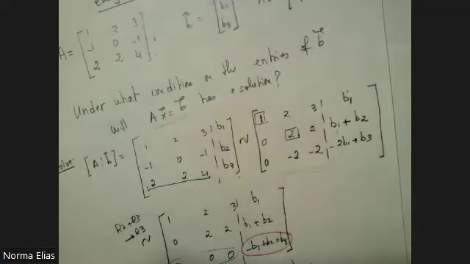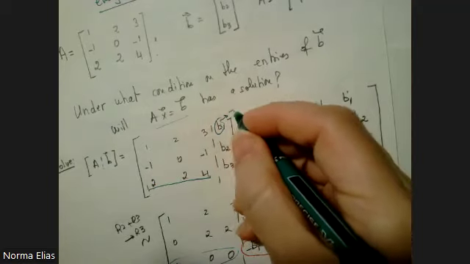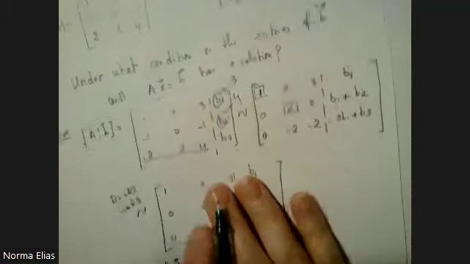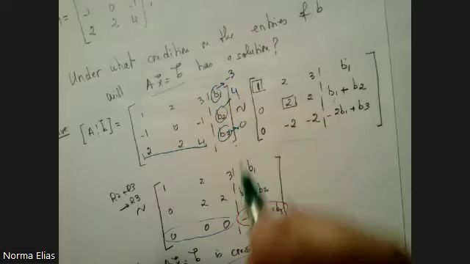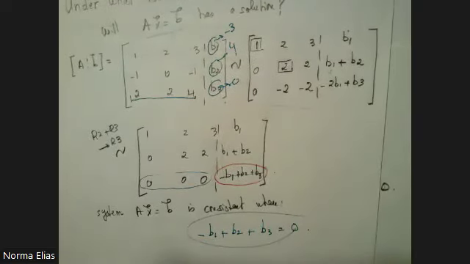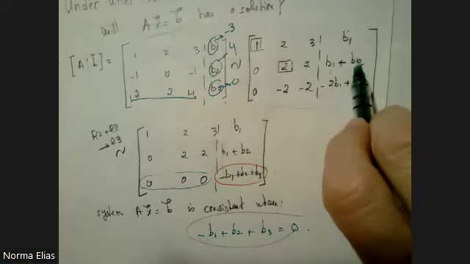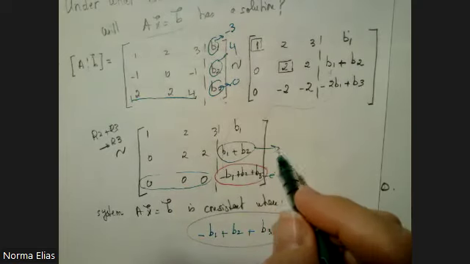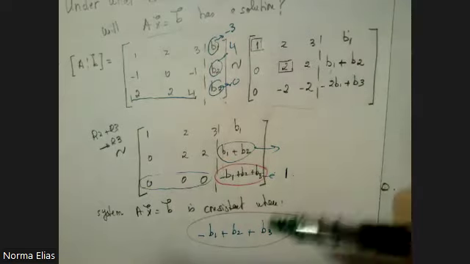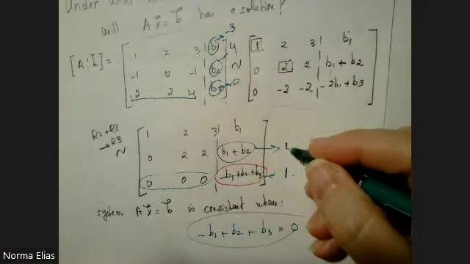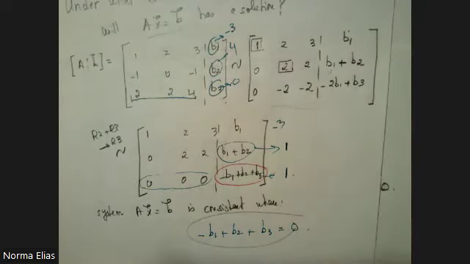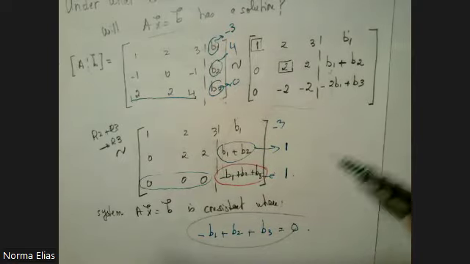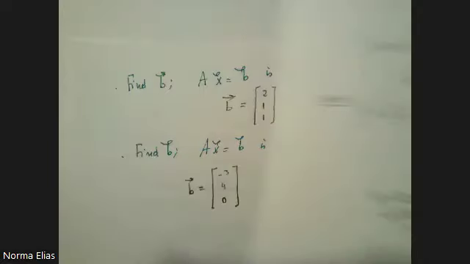if I put minus 3 here, what your classmate gave me, I put 4 here, and I put 0 here, this vector, and I start doing operations, I'm going to have a 1 in here. And this is going to be the B1 plus B2 that she gave us, and this is going to be minus 3. So if I do those operations, I will get minus 3, 1, 1, hence an inconsistency in the system.